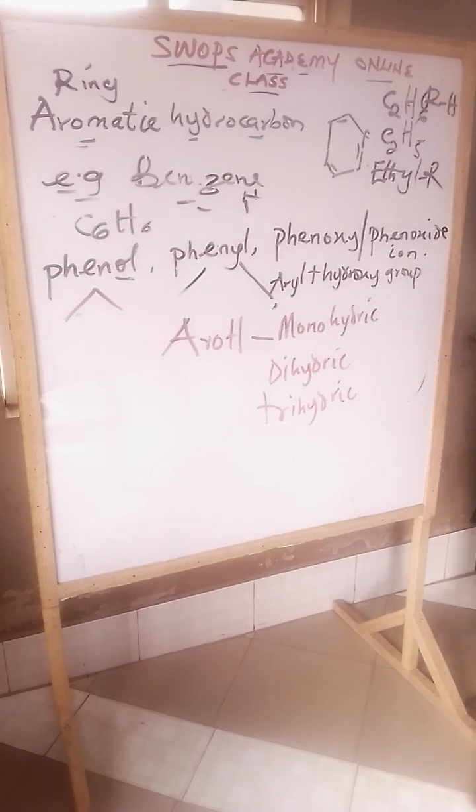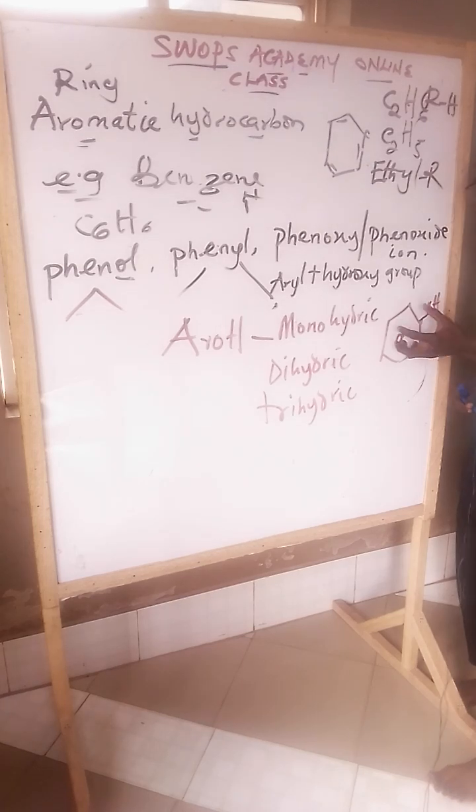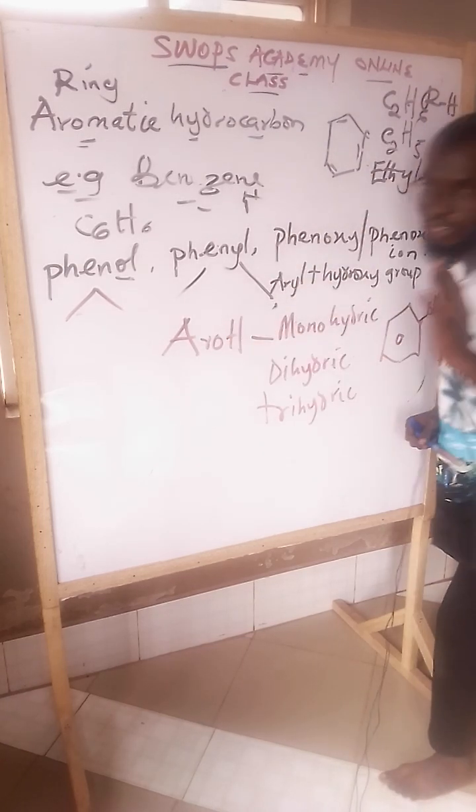When I say monohydric, I mean when I drop phenol, it must have OH, right? When I drop benzene like this and I put OH on top, this is mono. How many hydroxide groups am I putting? One. Mono. One hydroxy group on top of benzene is what we call monohydric phenol.